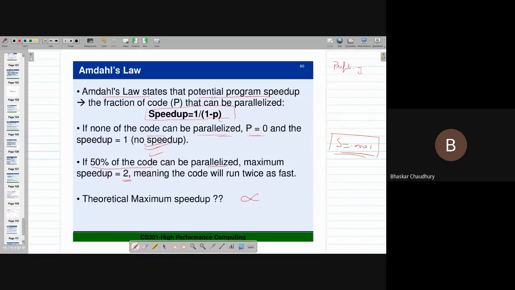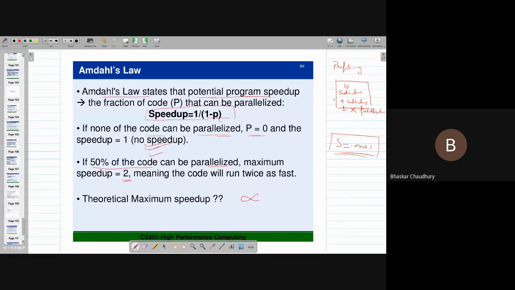Now let's say, I'm just giving a very ideal situation, that I have 5 subroutines or 10 subroutines. And then you figured out that 9 of the subroutines are absolutely parallelizable, and one is not parallelizable.